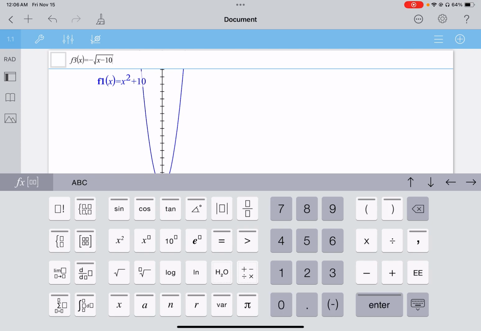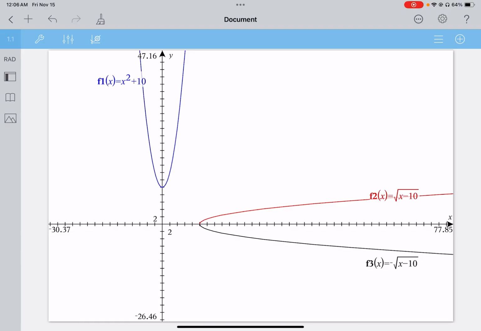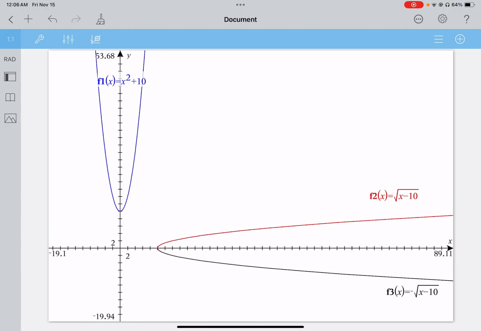And I do have a negative in the front, and you can see that now we have the whole parabola flipped on its side. And the red function, the f2 and the f3 put together, make that parabola flipped on its side. The reason you have to restrict the domain is because if you were to put both the positive and the negative square root, it would fail the vertical line test.